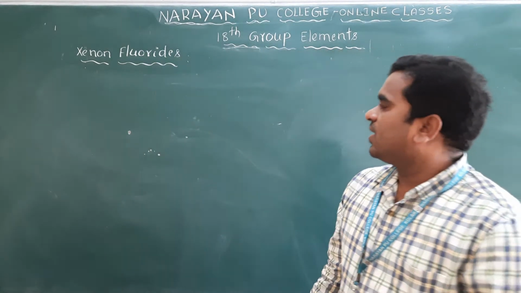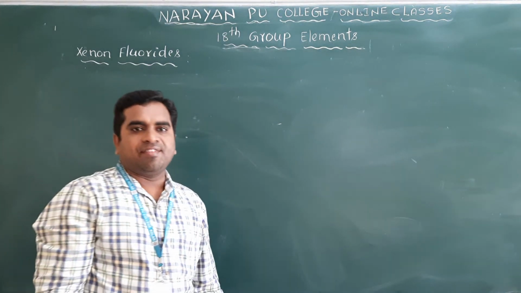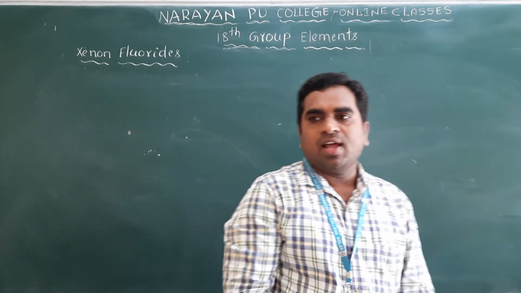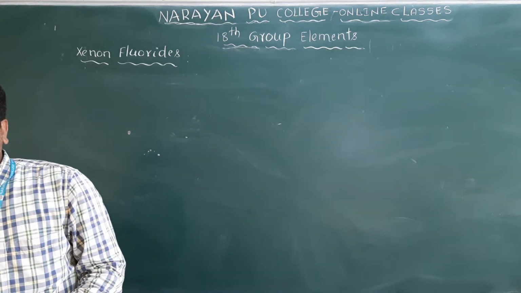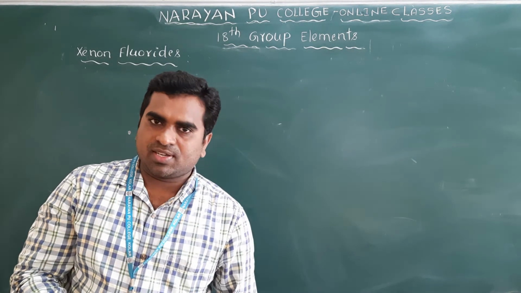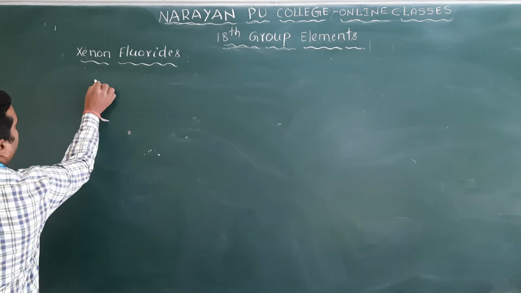So the next one is when these xenon fluorides react with fluorine acceptor species and fluorine donor species, how they will react. Clear? So simple, I will write one example here.